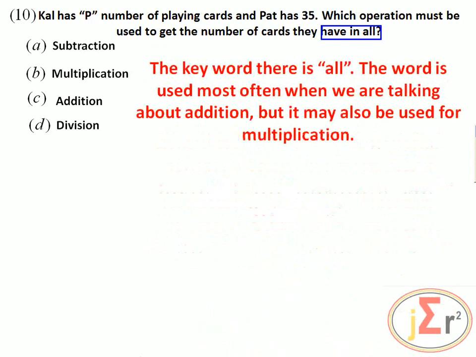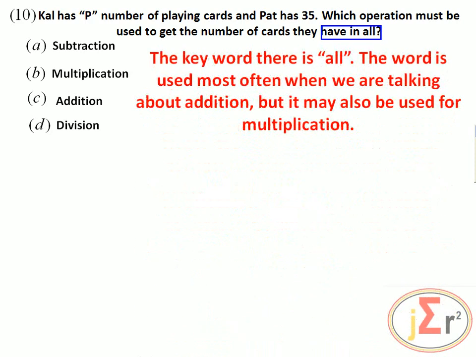Have in all. The key word there is all. The word is used most often when we are talking about addition. But it may also be used for multiplication. But we will decide now if it is multiplication or addition that is appropriate in this particular case.